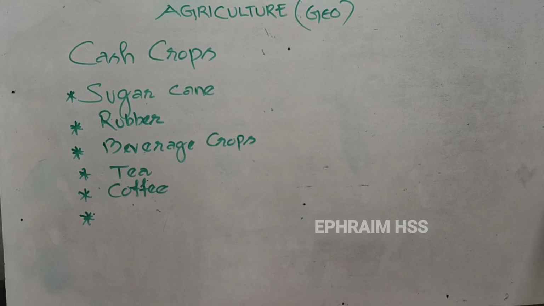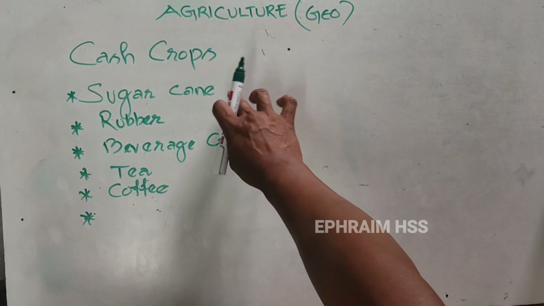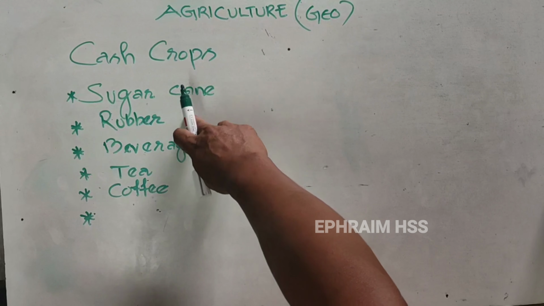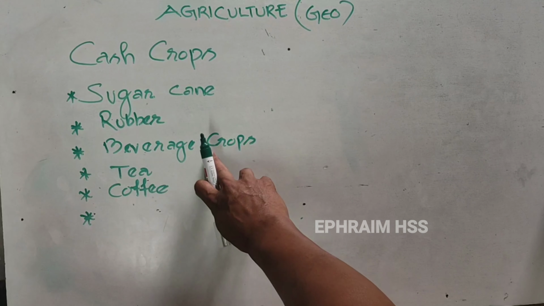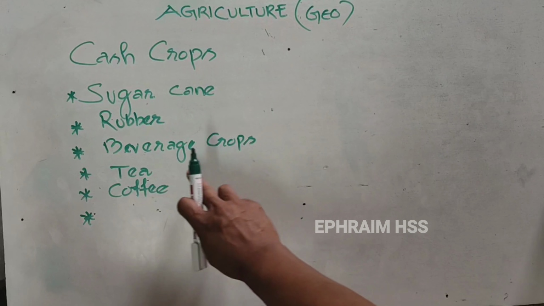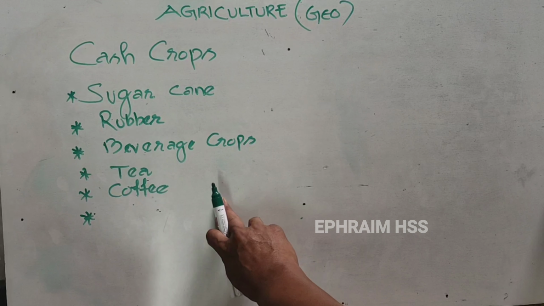The crops included in cash crops are sugarcane, rubber, and beverage crops like tea and coffee.